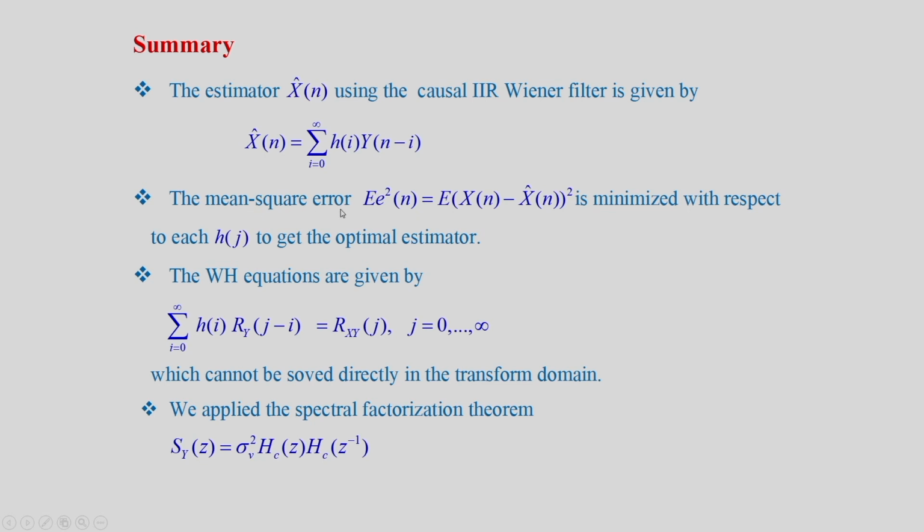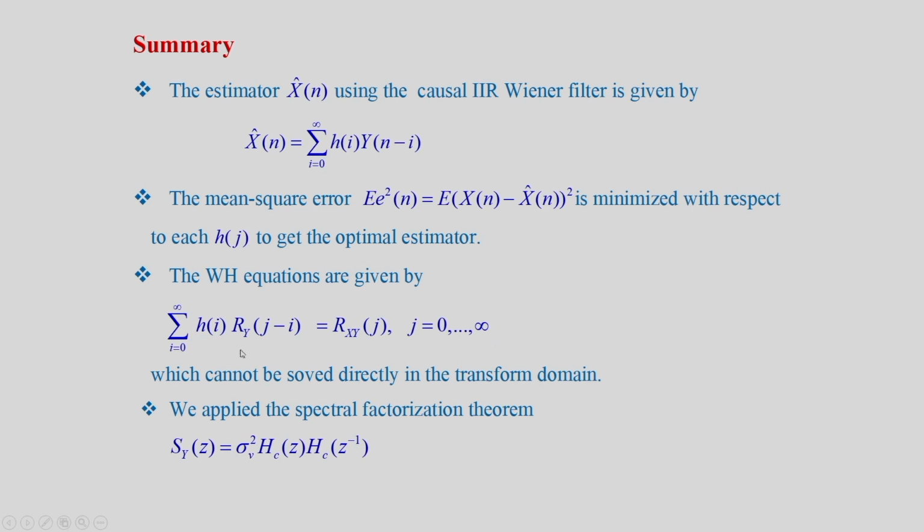The mean square error, E of e square n, that is equal to E of (x n minus x hat n) whole square, is minimized with respect to each h j to get the optimal estimator, and the optimal estimator is given by the Wiener-Hopf equations: summation of h i into r y of j minus i, i going from 0 to infinity, is equal to r xy of j for j equal to 0 to infinity.